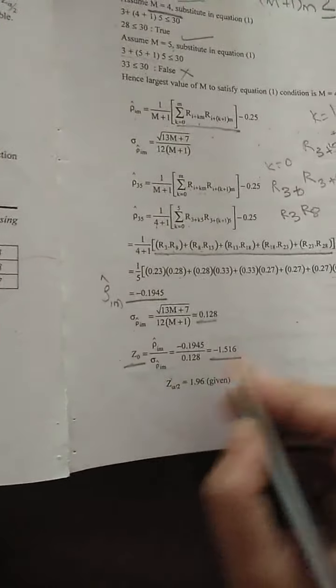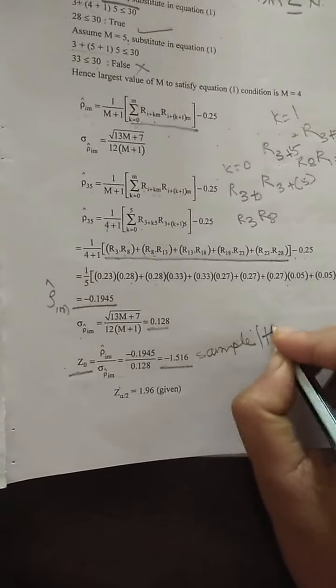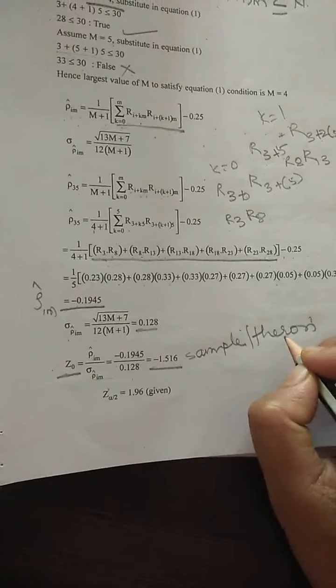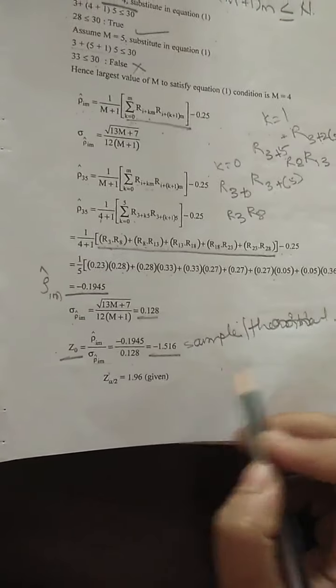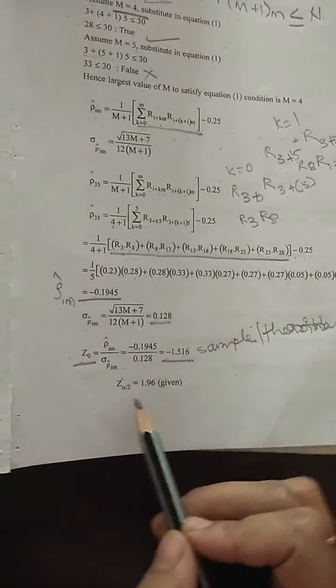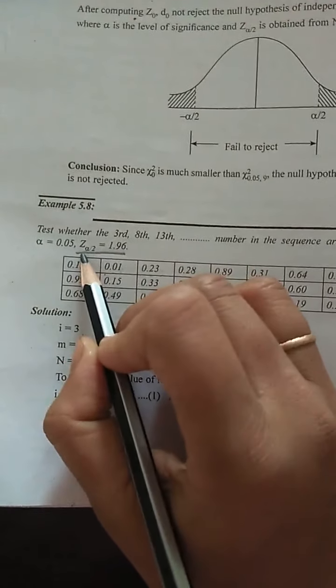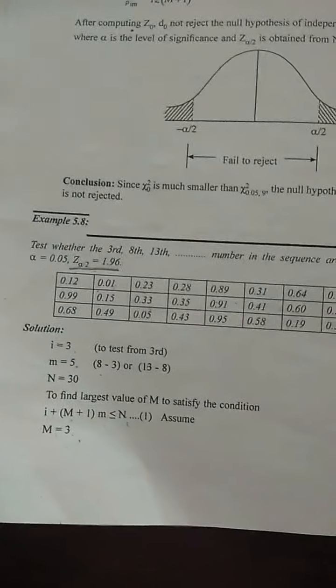Here we have to compare this. This z naught is the sample value, or the theoretical value. Then z alpha by 2 is already given in the question.